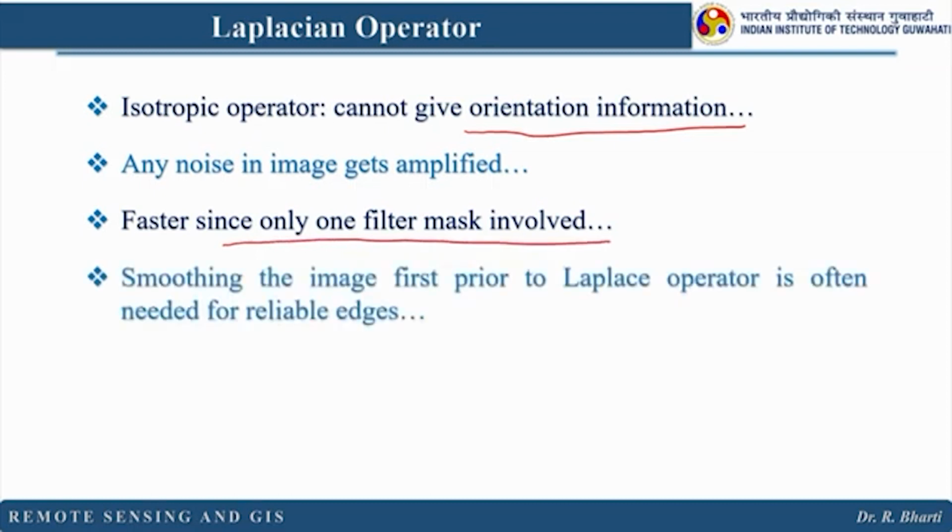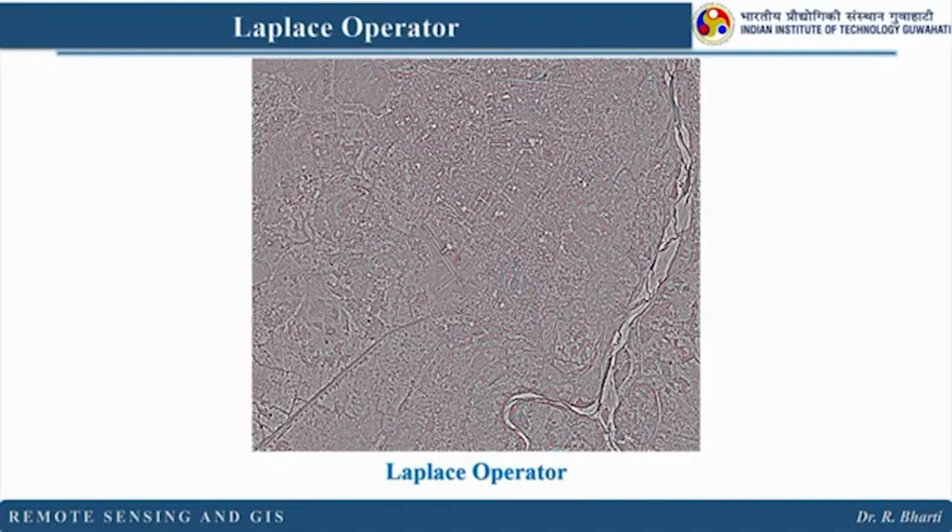And smoothing the image first prior to the Laplace operator is often needed for reliable edges. So in case you are going to use this Laplacian filter or Laplacian operator, first you have to smoothen your image so that the results of the Laplacian operator will be more sensible, right?